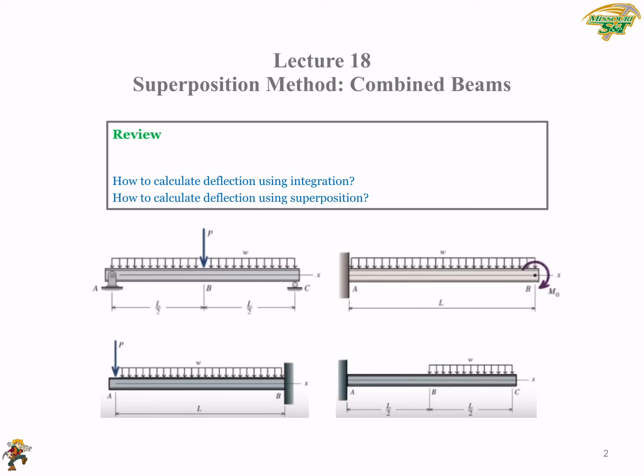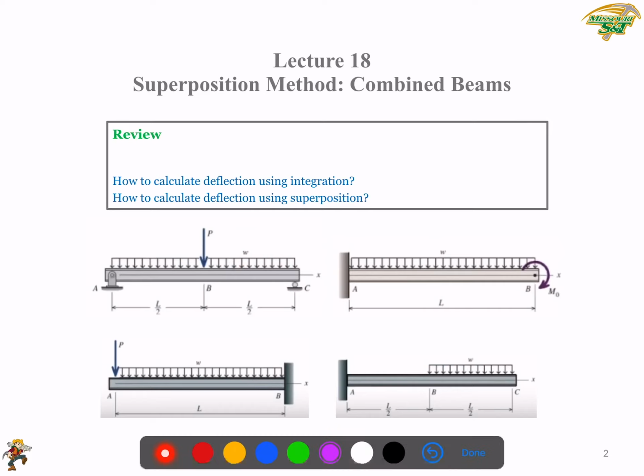Let's look at these four examples listed below. The first one is a simply supported beam subjected to combined loading. If you want to solve this problem, you just need to split it into two parts.